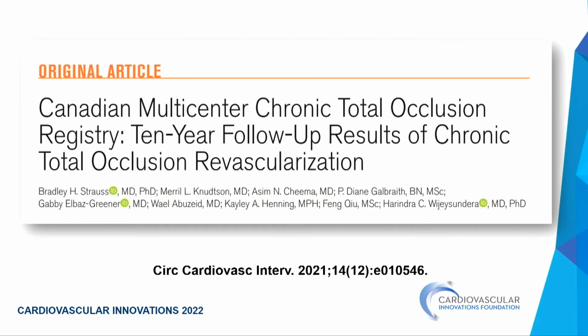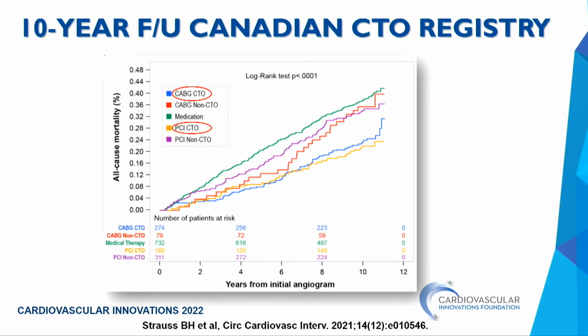a randomized trial. In that very nice study done by Brad Strauss from the long-term Canadian CTO registry, look at the mortality. It's driven by PCI of the CTO or CABG of the CTO. So there's a consistent message, revascularization. If you do CABG to non-CTO only or PCI to non-CTO, you do the same as medical therapy.